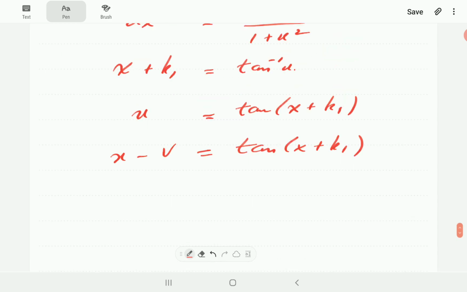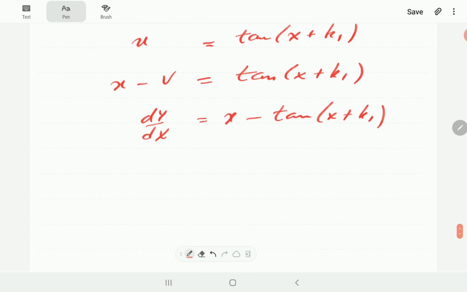If we make this the subject of the formula, we have dy dx equals x minus tan of x plus k1. We're almost there now. If we integrate once, then we have got our y.